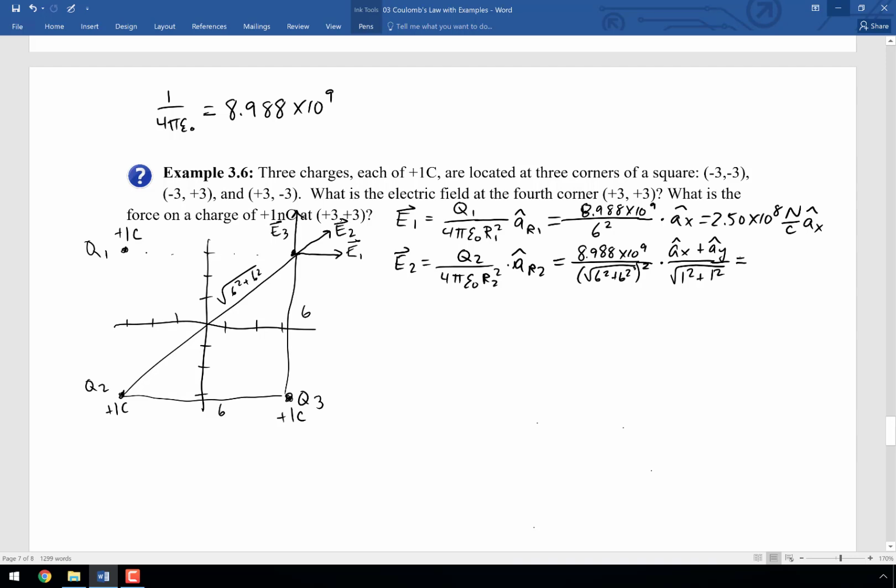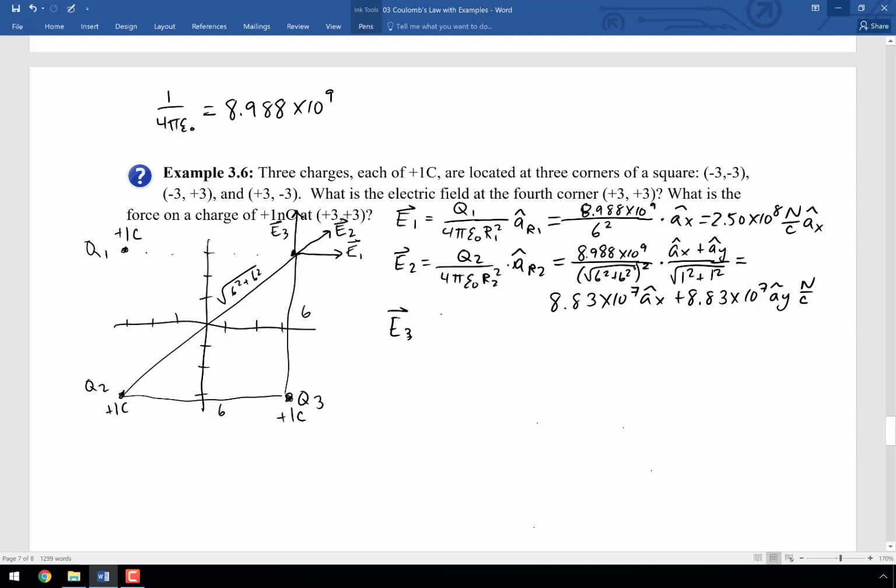Well, r sub 2 is actually the hypotenuse of a triangle that has these two edges. And so if we know that this side is 6 and this side is 6, then this side is the square root of 6 squared plus 6 squared. So I can take the square root of 6 squared plus 6 squared, and then I square that because it's r squared in the denominator. And then multiplied by a sub r2.